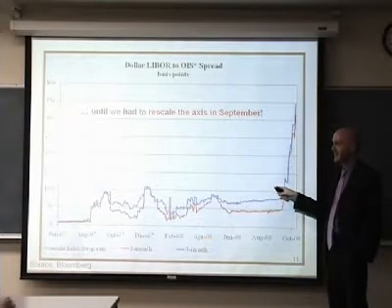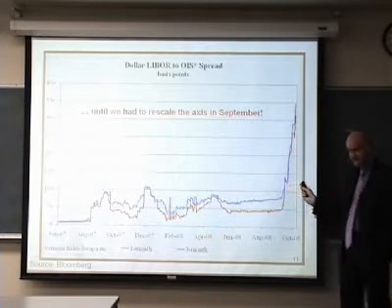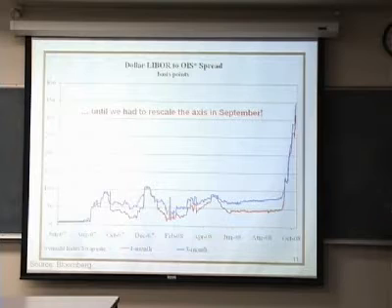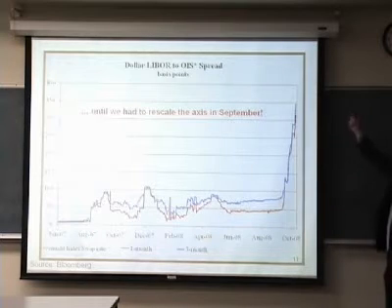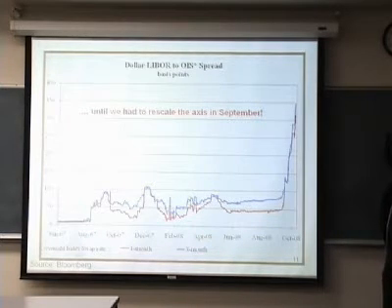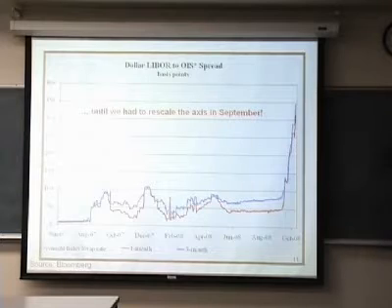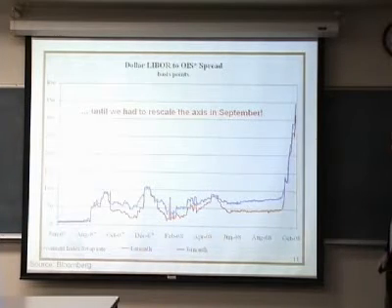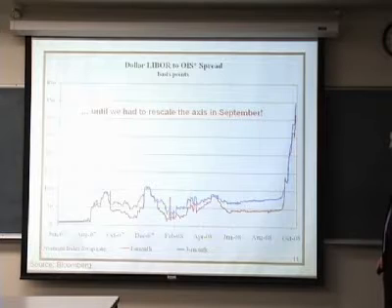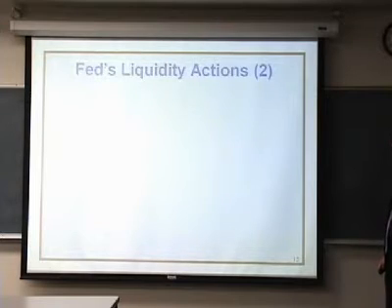Until I had to rescale the axis in September. It just went through the roof. Basically, credit markets just completely froze, ground to a stop. Nobody wanted to lend money to anybody. So, what did we do?